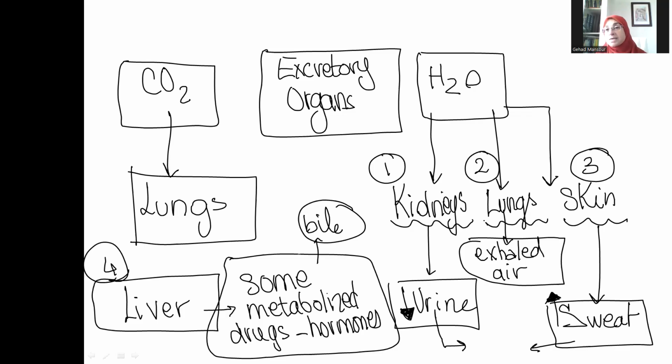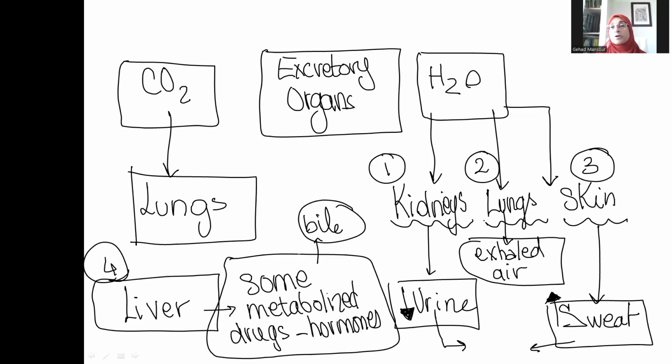Where are these inactive, metabolized, broken down drugs or hormones, because the same applies to hormones, where are they going to go? If they stay inside the human body, they will be toxic. Their accumulation would be toxic, so they should be excreted.